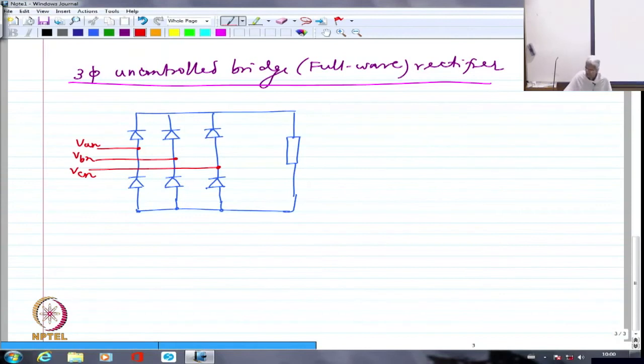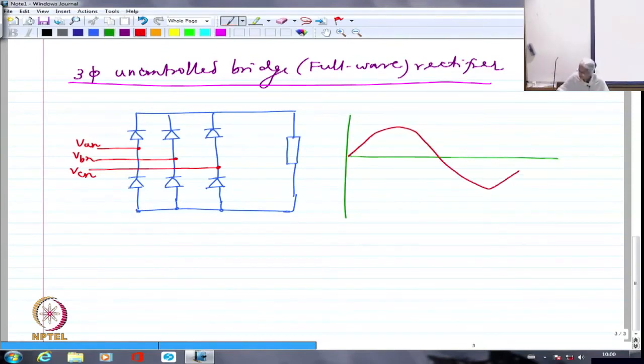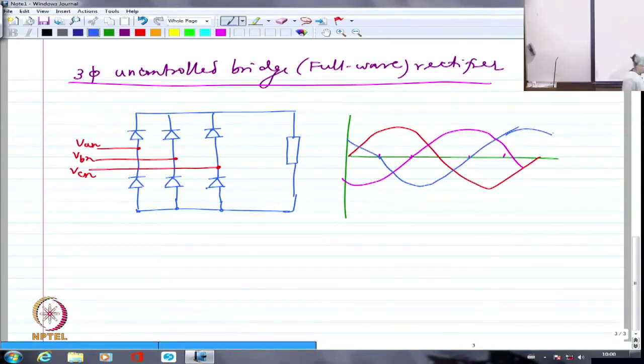So, let's say this is R, this is Y, and this is B. So, three-phase voltages I have drawn. Let me name them also clearly: VAN, VBN, and VCN.